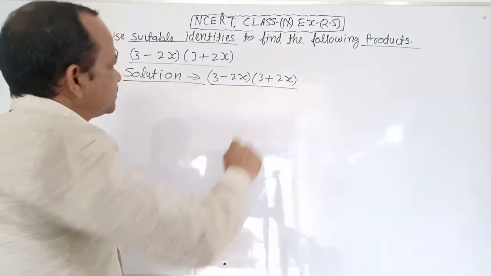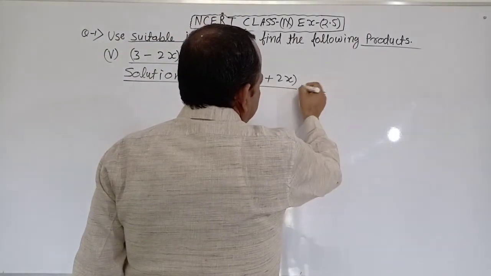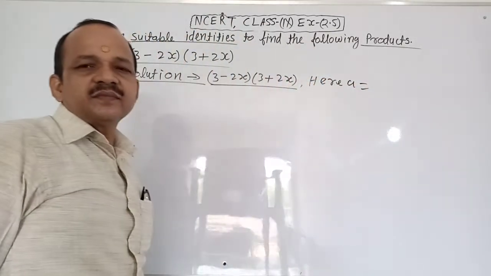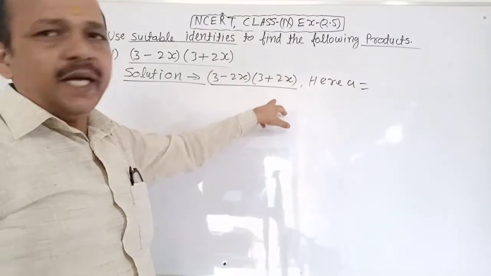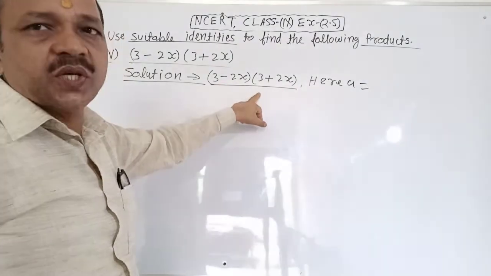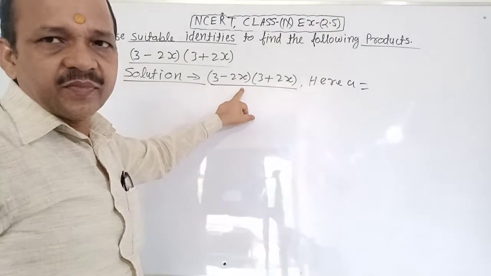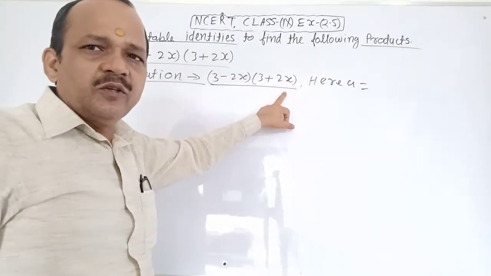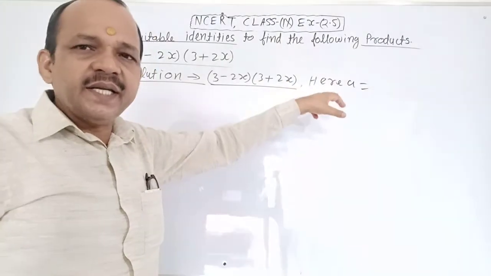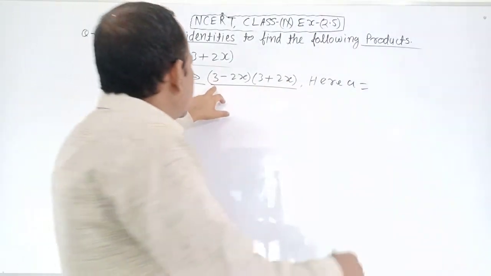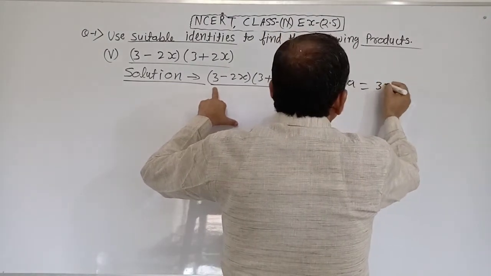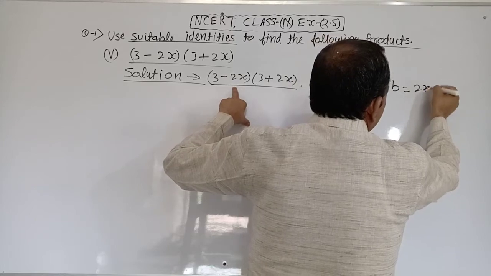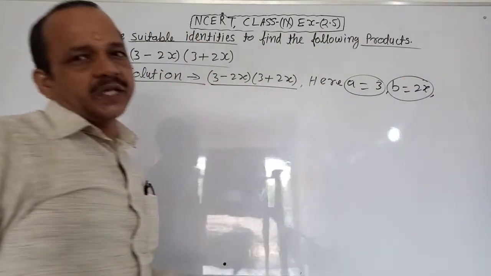Very good. Here you can use the identity (a minus b)(a plus b) equals a square minus b square. Here a equals 3, b equals 2x. It is clear?